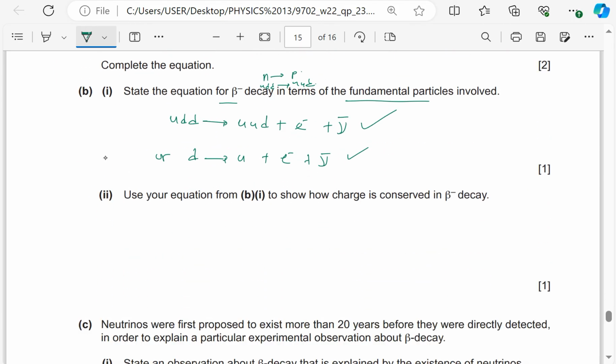Use your equation from Roman 1 to show how charge is conserved in beta minus decay. So let's check the charge on the left hand side.